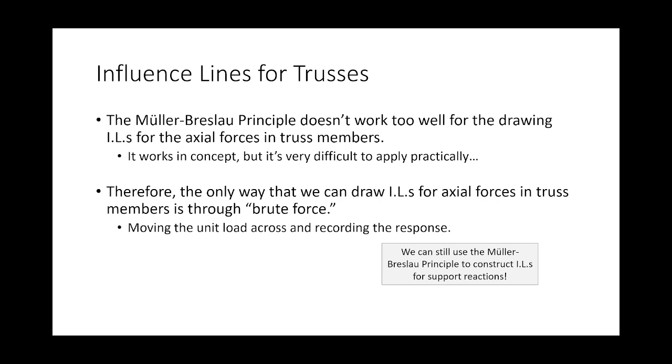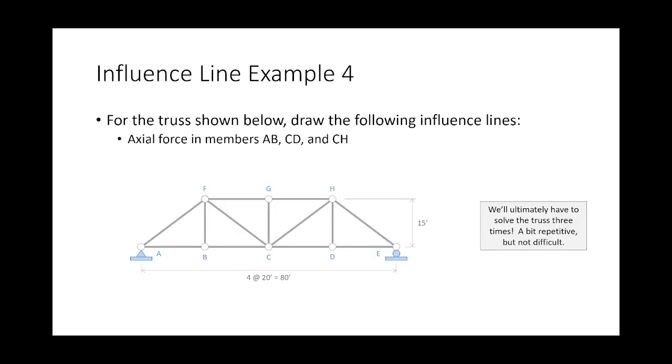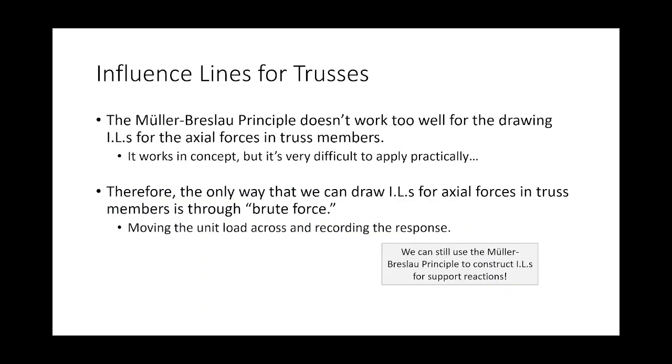In practice, it's very hard because if I wanted to draw an influence line for the internal force in this member, I'd have to remove the member and then spread this out a unit of 1 and then see what the truss looks like. I don't know about you, but I can't do that in my head. I'm not that good. I don't know very many people that can. It works in concept, but it's very difficult to apply practically. And unfortunately, the only way that we really do influence lines for trusses is through brute force.